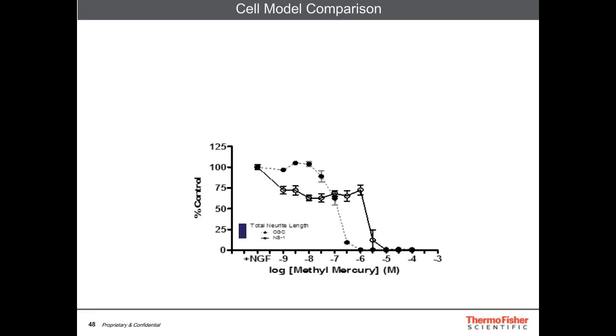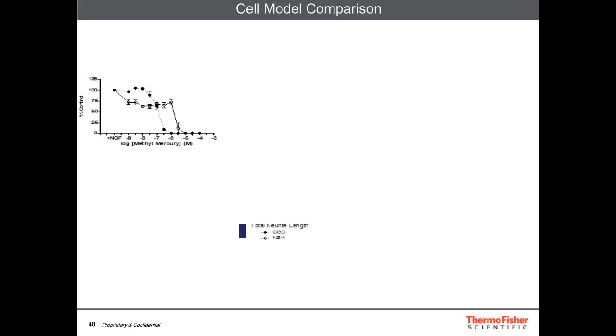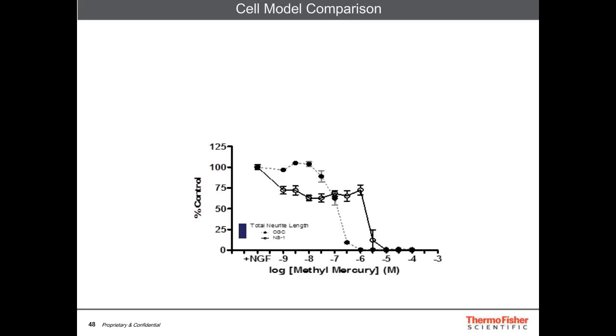So finally, I wanted to move along and just quickly discuss some secondary measurements that are of interest. The first thing that I wanted to show is this is just a cell model comparison where the dotted line here, we're now looking at cerebellar granular cells relative to NS1 cells. And the reason why I wanted to show this is that it does show differences in sensitivities to different model systems.